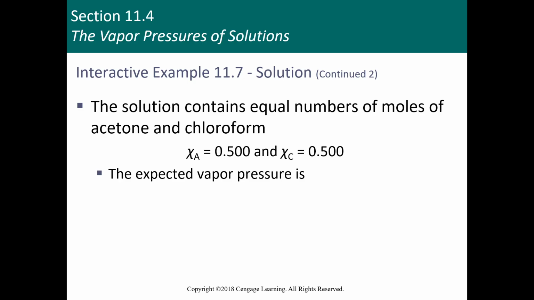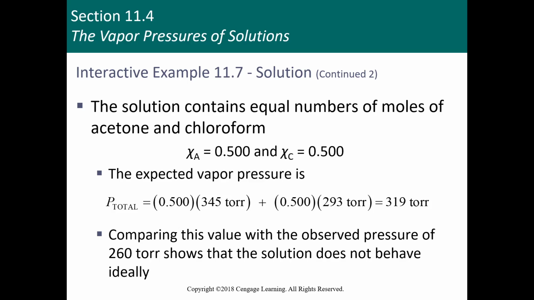So our expected vapor pressure is going to be 0.5 times the pure solution plus 0.5 times the pure solution. You would expect it to be halfway in between these two. By the way, when you have two solutions, you would typically expect the resulting vapor pressure, if it's ideal, to be somewhere between these.